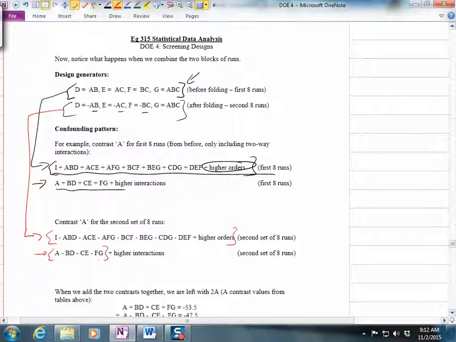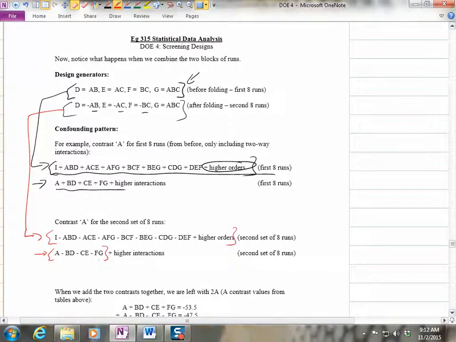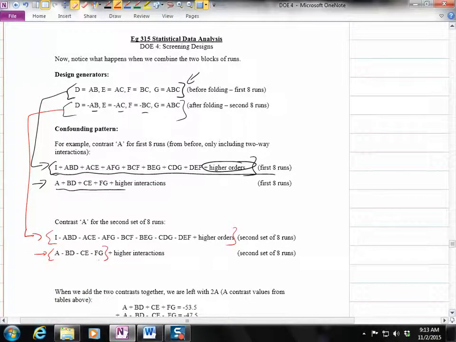So in the first 8 runs, A and the BD interaction are adding together, right? The number at the bottom of the A column is due to A plus the BD effect and others. Here, the bottom of the column is A plus the negative of the BD effect. So if the BD interaction was, say, plus 10 here, it'd be minus 10 here.